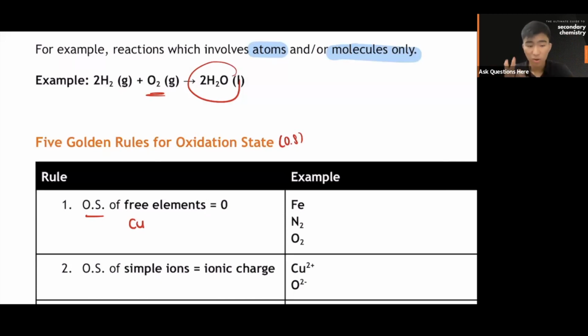That is a 0 oxidation state. So the oxidation state of copper is going to be 0. If I have a block of iron that is just pure iron, the oxidation state on it is also going to be 0.